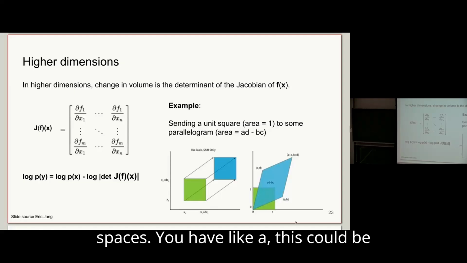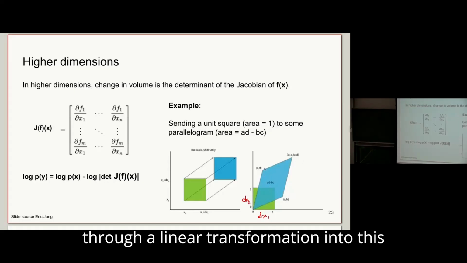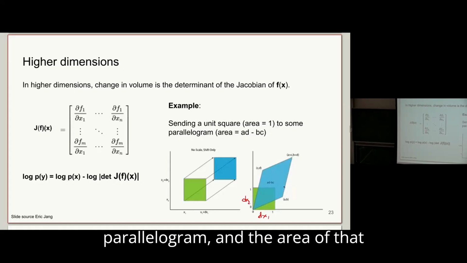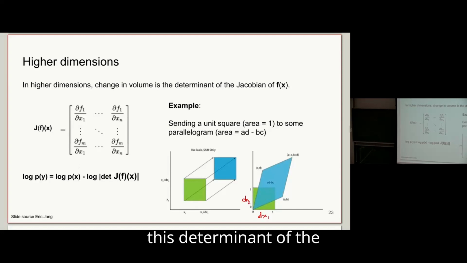Here you have x1, x2, and it's going to be mapped through a linear transformation into this parallelogram, and the area of that parallelogram is going to be given by the determinant of the Jacobian.